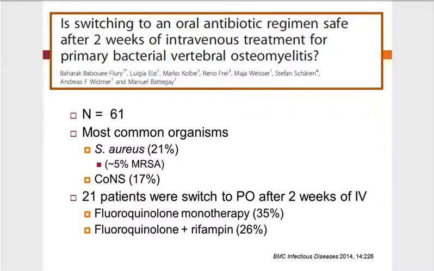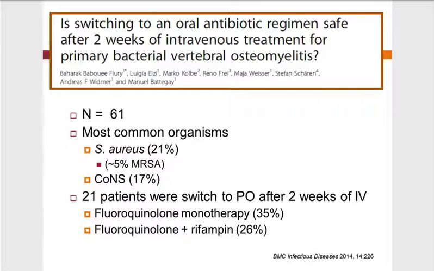This is not an organism that you think of causing infections outside of implants or hardware, yet a significant chunk of patients had coag-negative staph. And 21 patients out of the 61 were eventually switched to oral after 2 weeks of IV. The oral therapy they used was a quinolone or quinolone plus RIF. We know these drugs have excellent penetration to the bone.